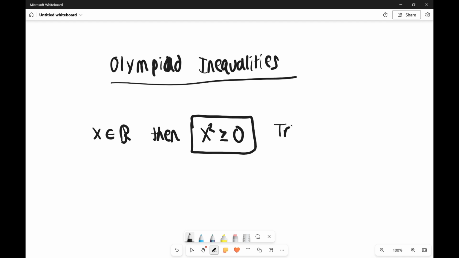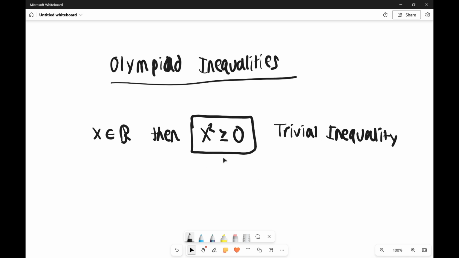It's called the trivial inequality. So whenever someone mentions, oh, this is true by the trivial inequality, now you know what they're talking about, because now you know that all squares are non-negative.